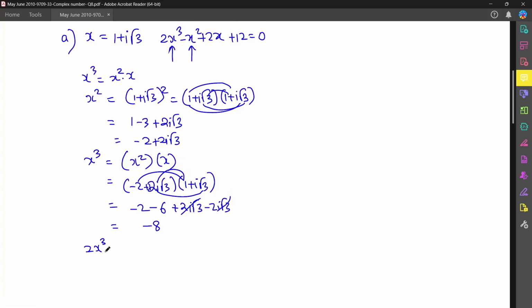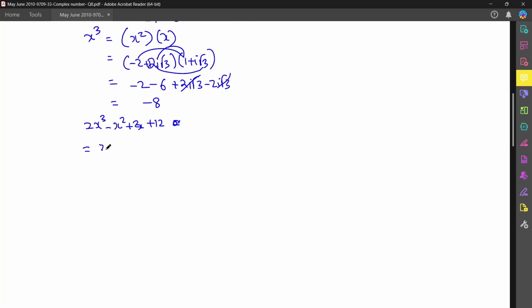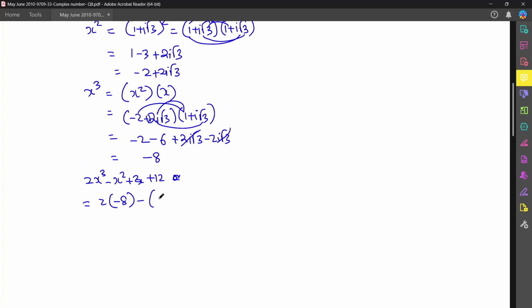Therefore, let's plug in these values in this equation. So you have 2x cube minus x square plus 2x plus 12, and we have to show that it is equal to 0. So let's see what we get. x cube is minus 8, and x square is minus 2 plus 2i root 3, plus 2 into x, which is 1 plus i root 3, plus 12.